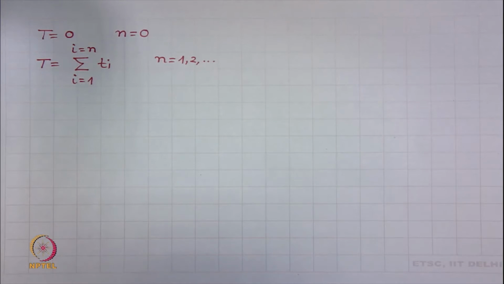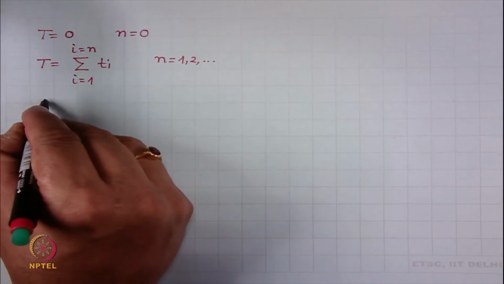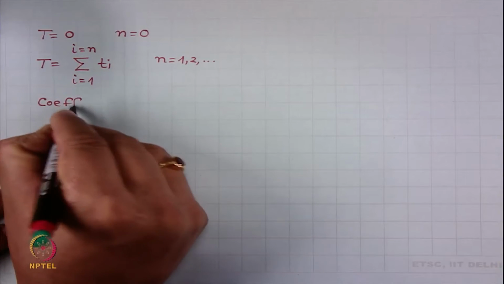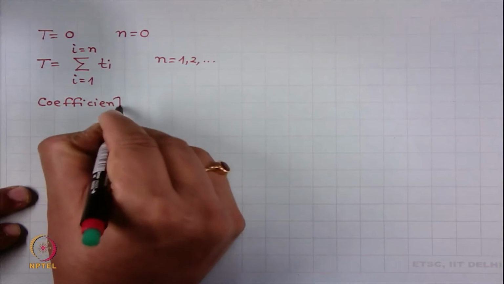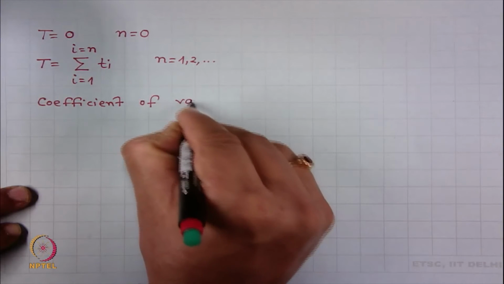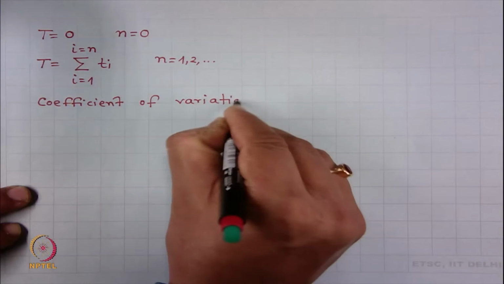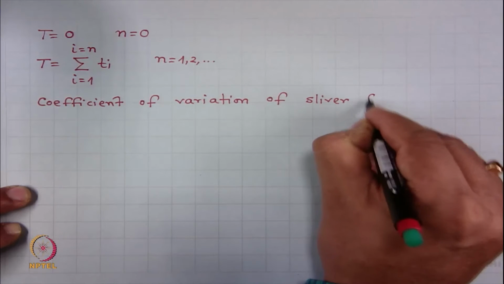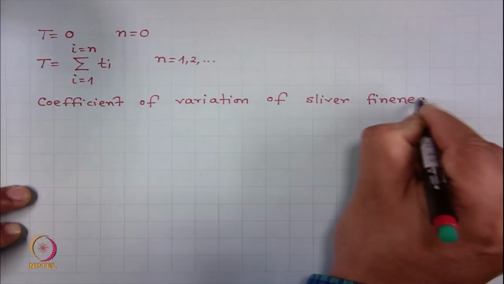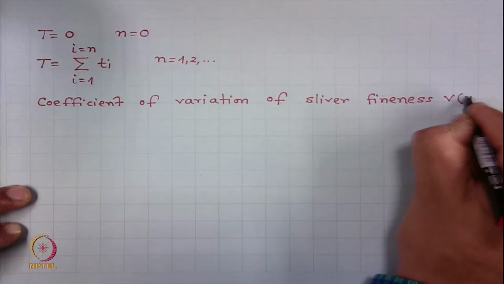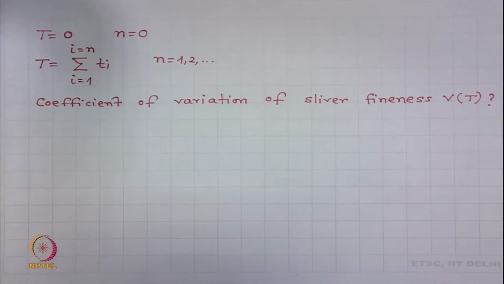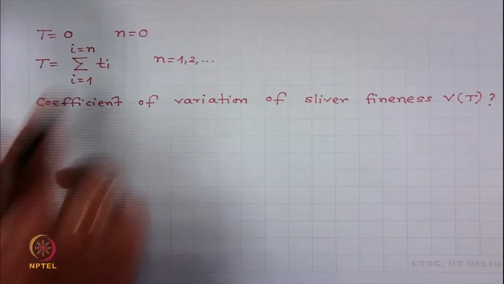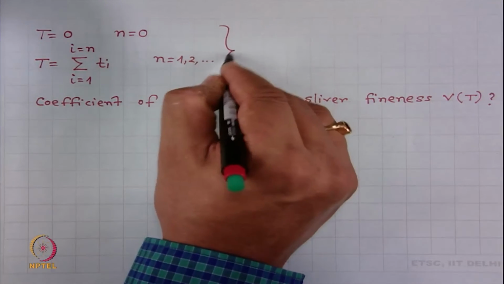Now, we have to find out the coefficient of variation of sliver fineness, that is V of capital T. What is the expression of the coefficient of variation of sliver fineness when these two equations are valid?